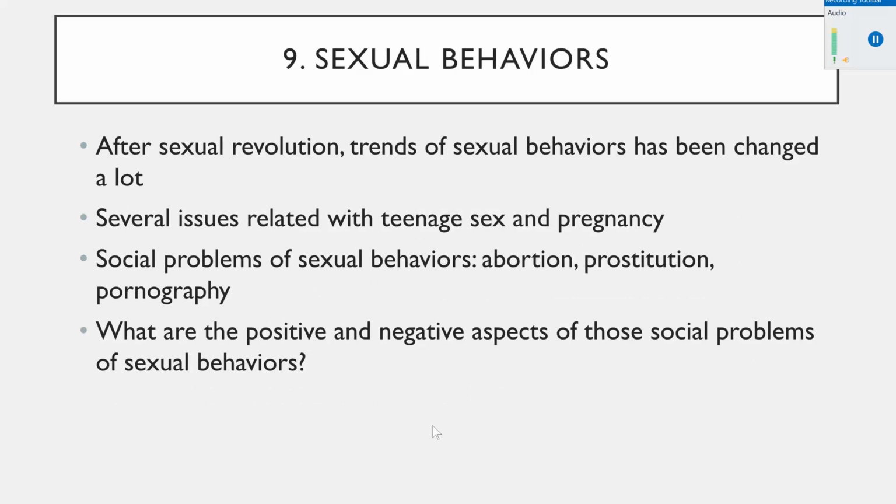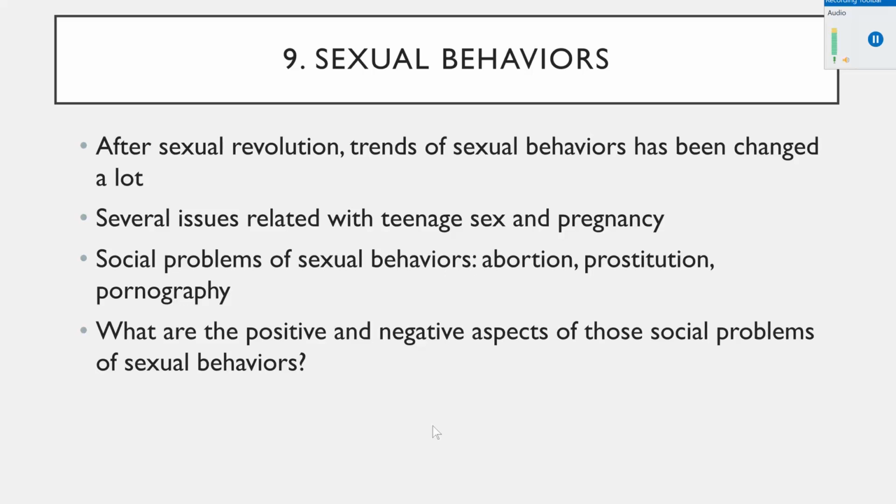The sexual behaviors. After the sexual revolution, trends of sexual behavior have changed a lot in more liberal ways rather than conservative ways. Even though AIDS and HIV had some impact on conservative views, we still have very high acceptance of premarital sex or extramarital sex, but we have some differentiation for teenage pregnancy.